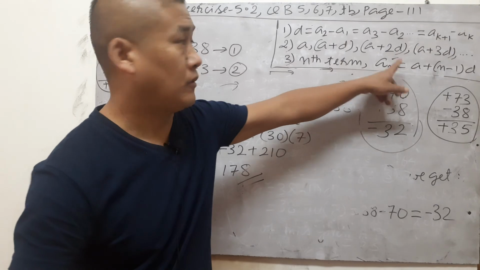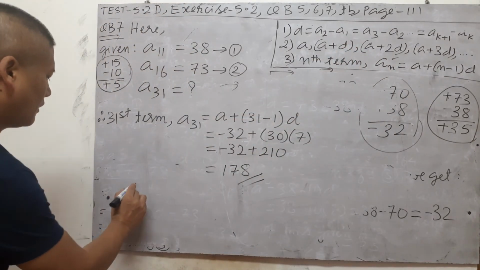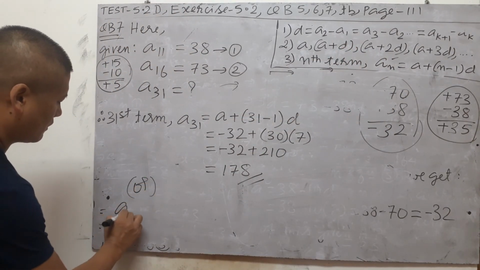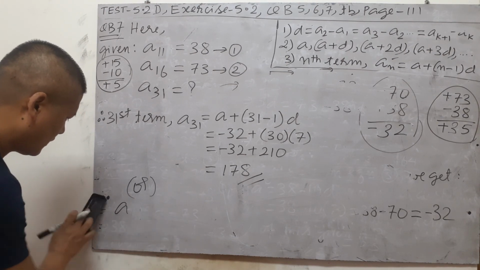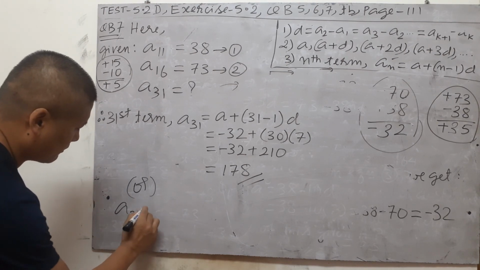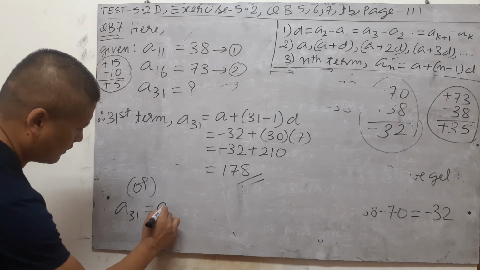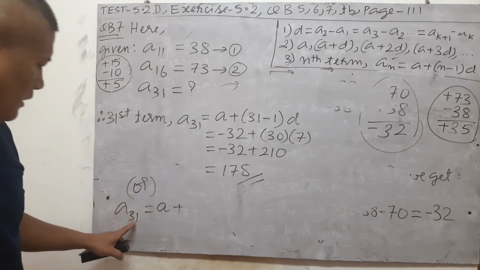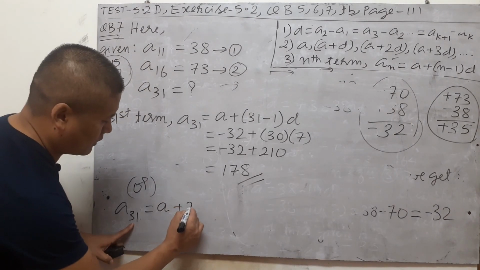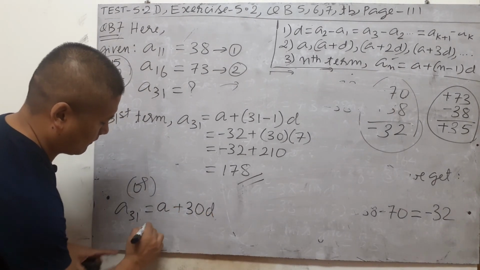So we're using the, you can write those things on your graph. This formula also, or you can use this also to find out. Or A31st, the 31st term, can also be written as we remember, A plus this formula. If it is 31st term, it will be one lower, 30D.